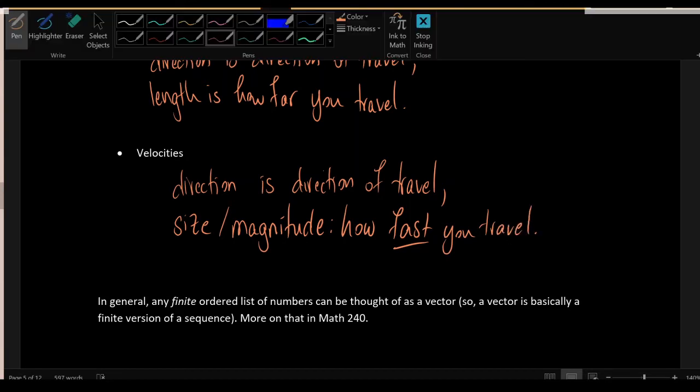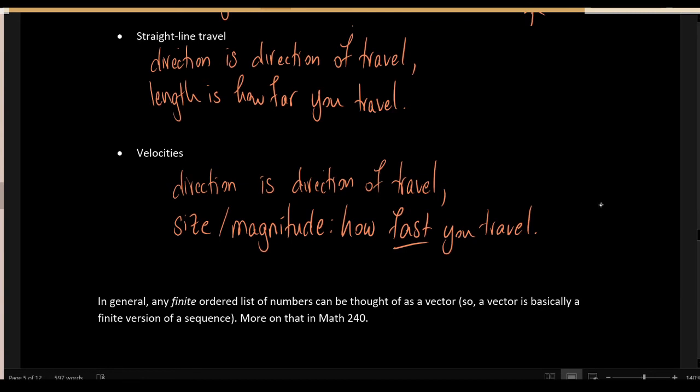For example, if you look at two different cars, one car may be pointed in the direction to the east and may be traveling in that direction, and another car may be traveling in the north direction. Maybe the first car is traveling only at 30 miles per hour, but the second car is traveling at 50 miles per hour. So the velocities of these cars communicate both the direction in which they're traveling and the size, the magnitude, is how fast they're traveling.